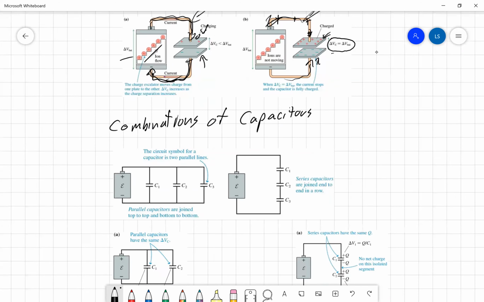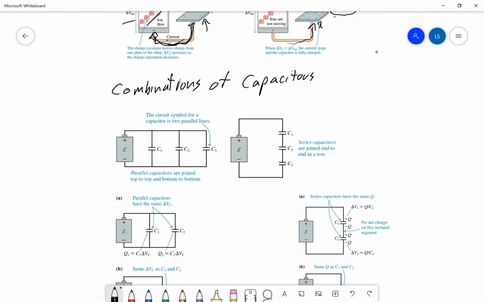Next, combinations of capacitors. When you're building circuits, quite often you just have to deal with the fact that you don't have exactly the capacitance you want, or maybe you have to manipulate the capacitance in a number of different ways. In order to do that, we combine capacitors together in basically one of two ways.